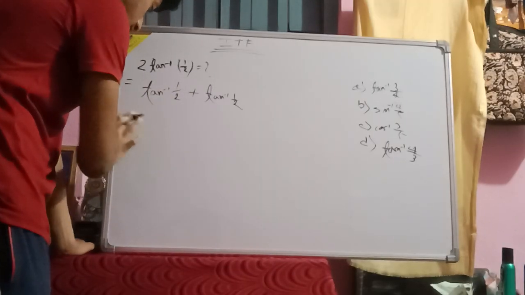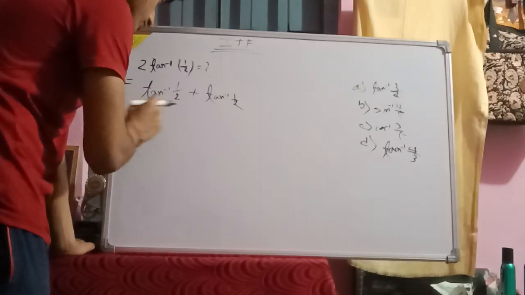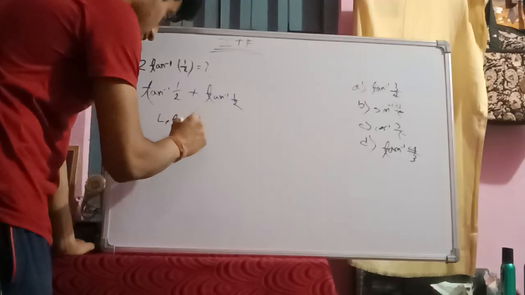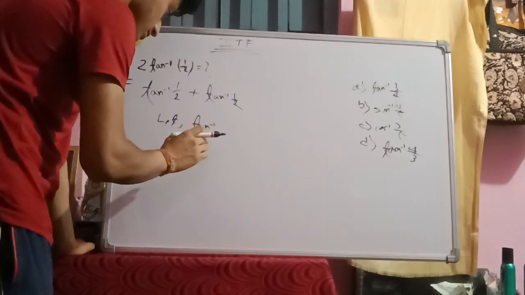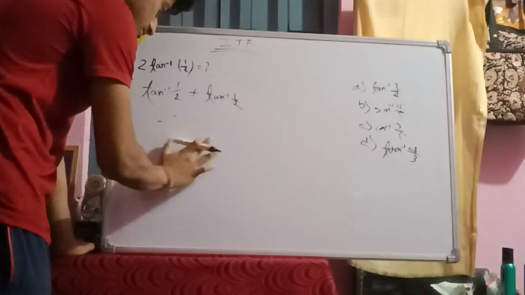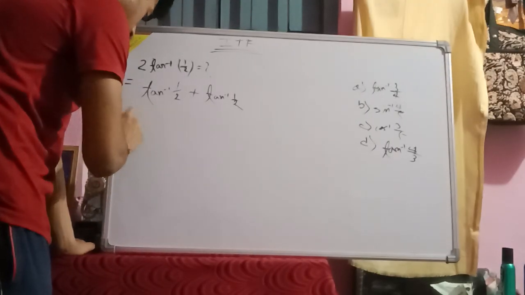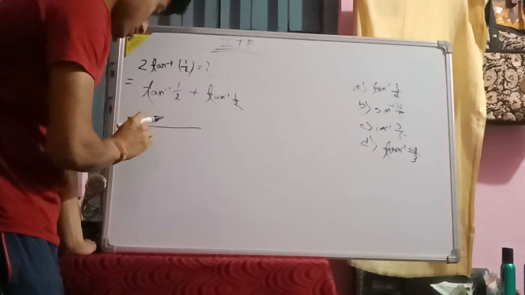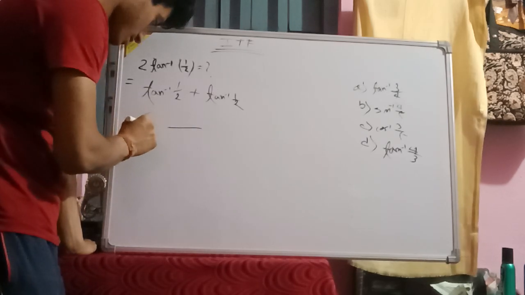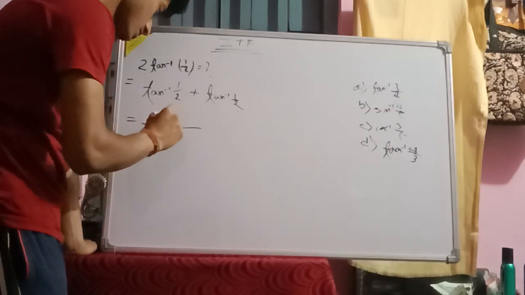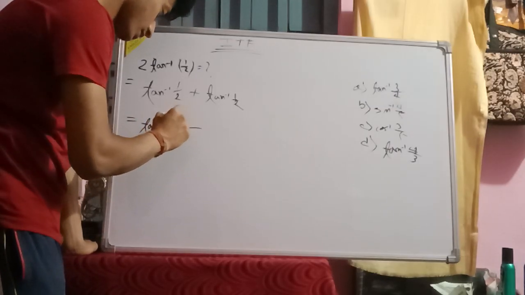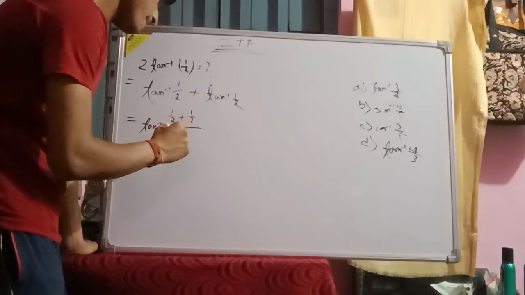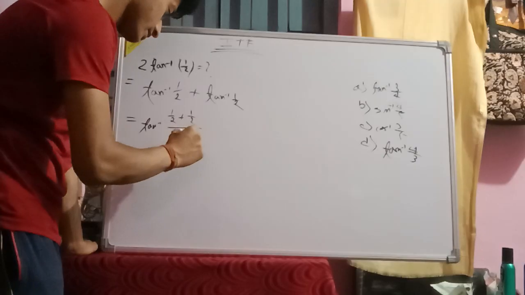I have told you guys what it actually becomes. It becomes tan inverse of (1 over 2 plus 1 over 2) over (1 minus 1 over 2 times 1 over 2).